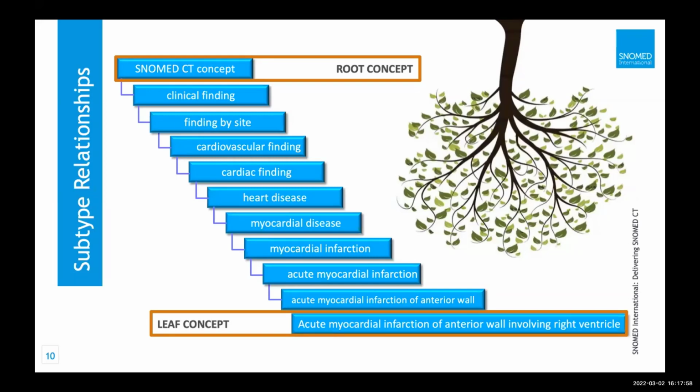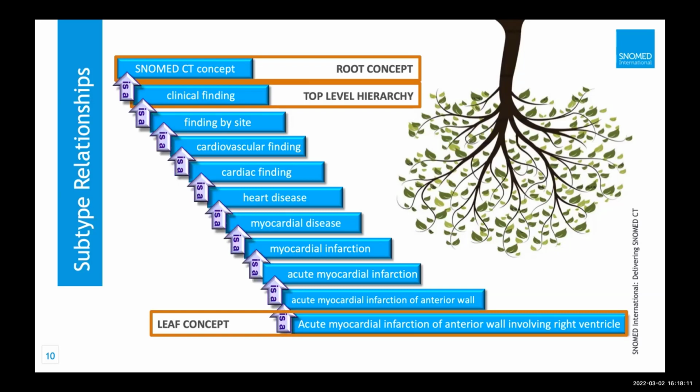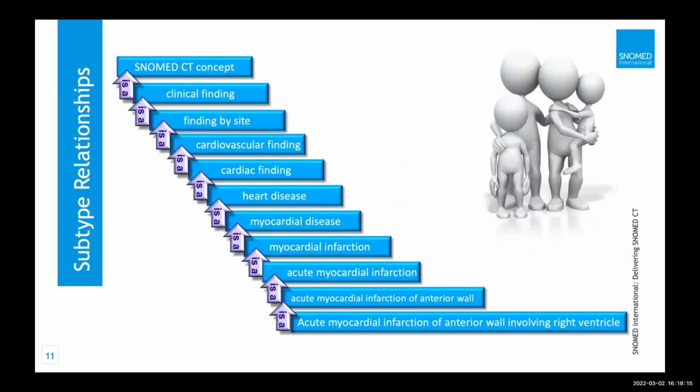Directly under the root concept are the top level hierarchies, such as clinical finding, procedure, organism. And as you go down the hierarchy, you get more and more specific. In this case, we have a finding site, then cardiovascular finding, cardiac site, and so on.